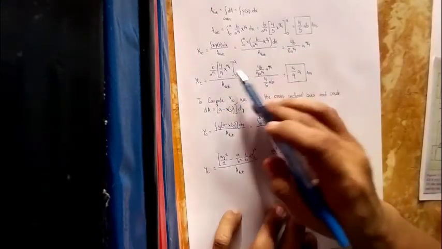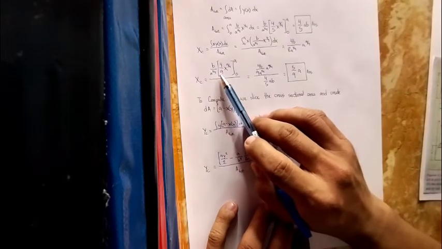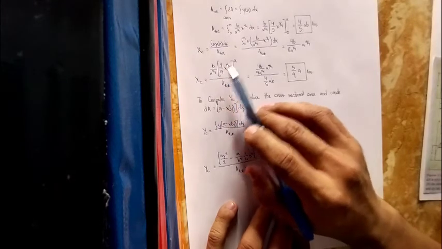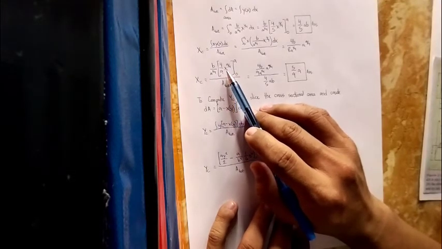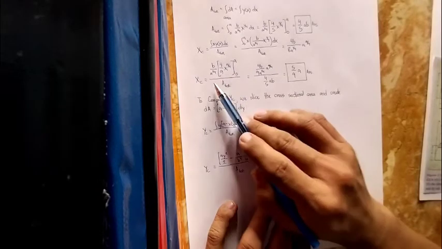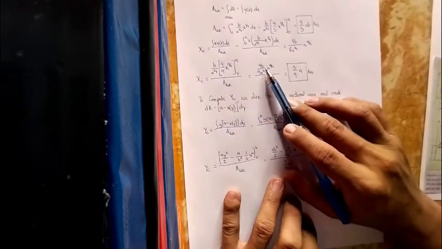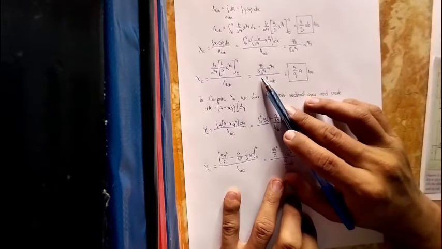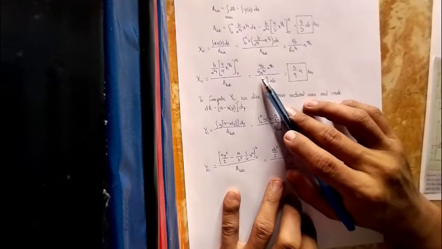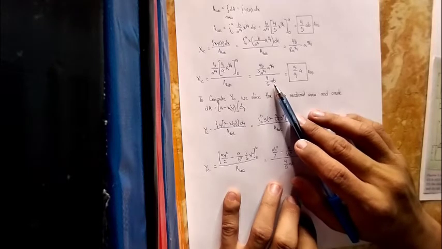Then dito na proceed tayo dito sa baba. B over a raised to 1/4 times sa loob ng bracket 4 over 9 times x raised to 9 over 4 with the interval of 0 to a over total area equals to 4b over 9 times a raised to 1/4 times a raised to 9 over 4 over 4 over 5 times a and b.